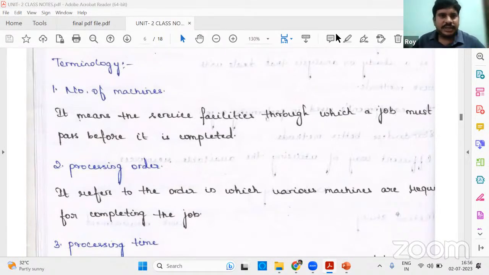That what we have learned in this class means the types of process. First one is what? Job shop. Second one, batch. Third one, mass or continuous production. And the fourth one is assembly type.